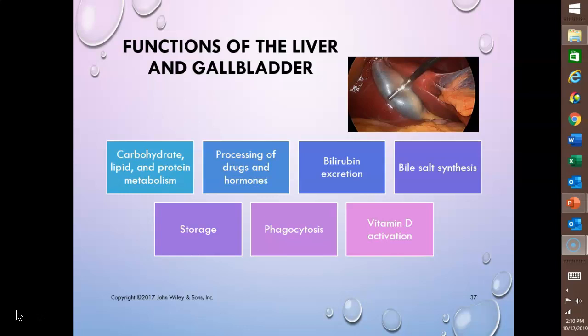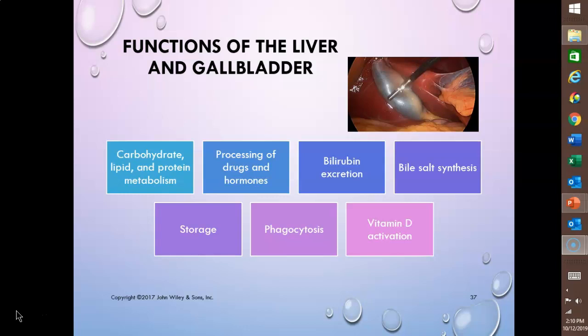The liver can also convert certain amino acids and lactic acid into glucose, and it can convert other sugars like fructose and galactose into glucose. So this raises blood sugar. But when your blood sugar level is high, like right after you eat a meal, the liver is going to convert that excess glucose into glycogen and store it so that it can be broken down, like we just mentioned, when blood sugar level is low.